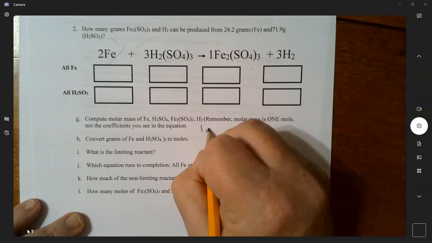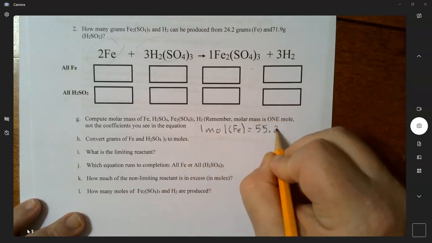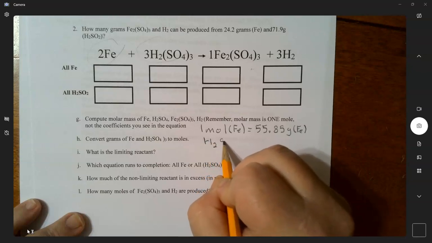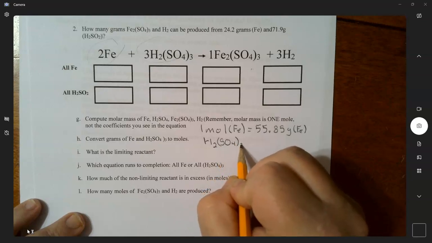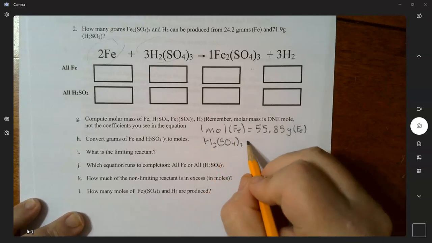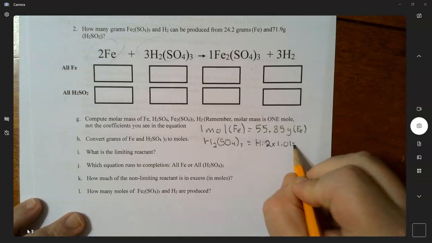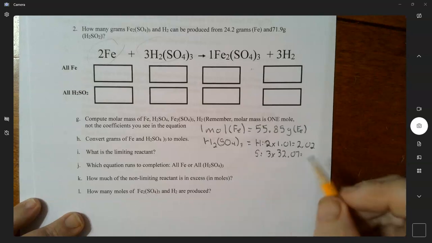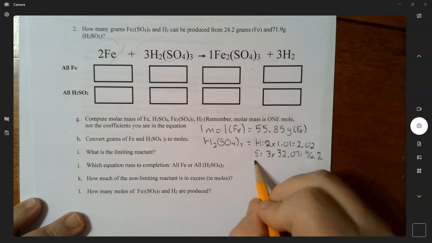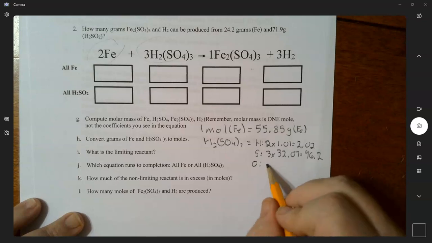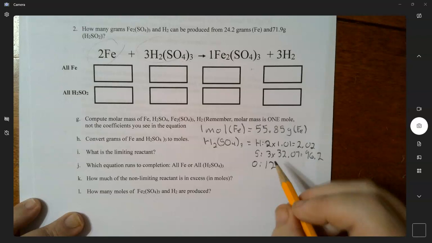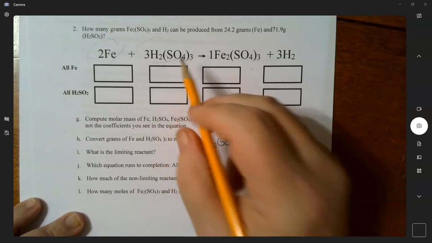So we need the molar masses. And for H2SO4, we'll compute that. Okay, sulfur off the periodic table. And oxygen, you have 12, 4 times 3. So that's 12. And it's oxygen, not O2.